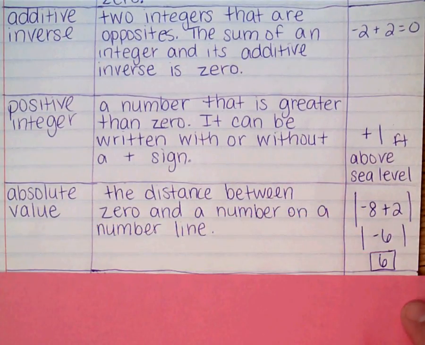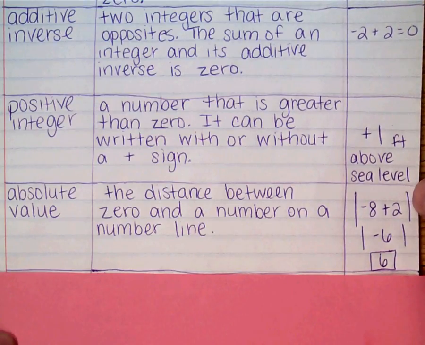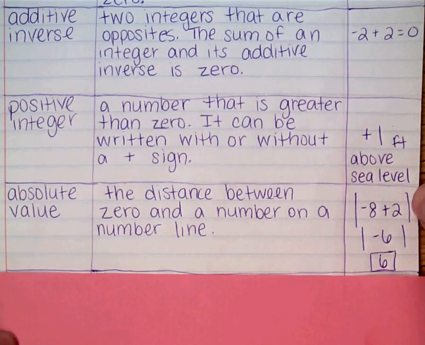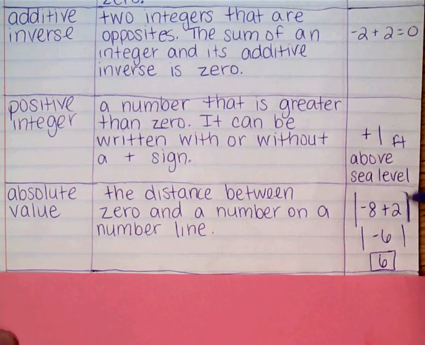Absolute value, the distance between 0 and a number on a number line. Right here I did an example of what the absolute value symbol looks like, which is two straight lines outside. They're not parentheses. Remember, parentheses would be more curved, but the absolute value is straight up and down.